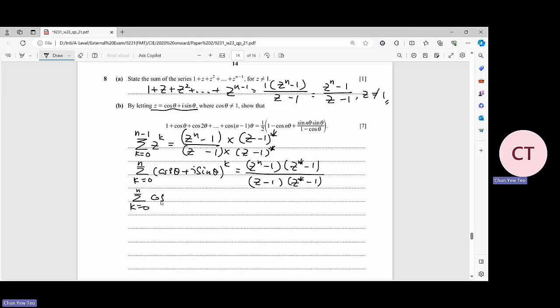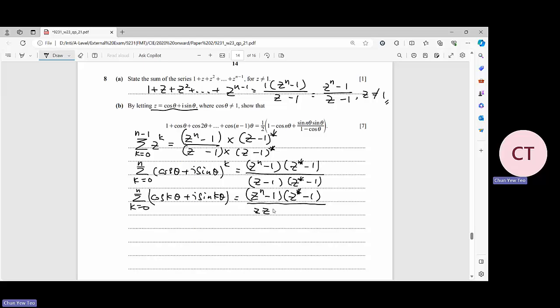Then on my left-hand side, apply the de Moivre theorem. If you apply the de Moivre theorem, you get cos k theta plus i sin k theta. No need to mention it, just write like this will do. Then on your right-hand side, I still do not want to use cos theta and i sin theta yet, because I want to make sure that I am able to get the denominator to become real.